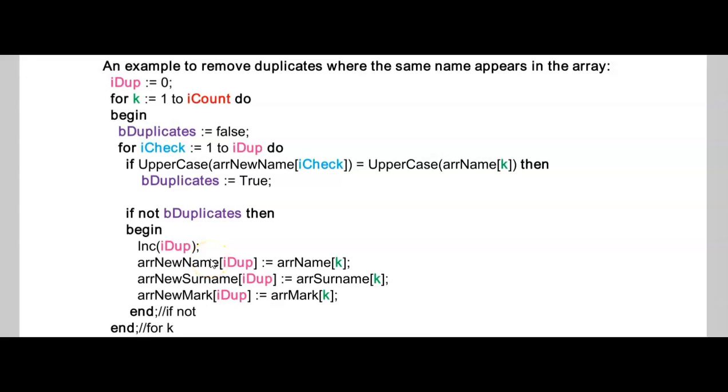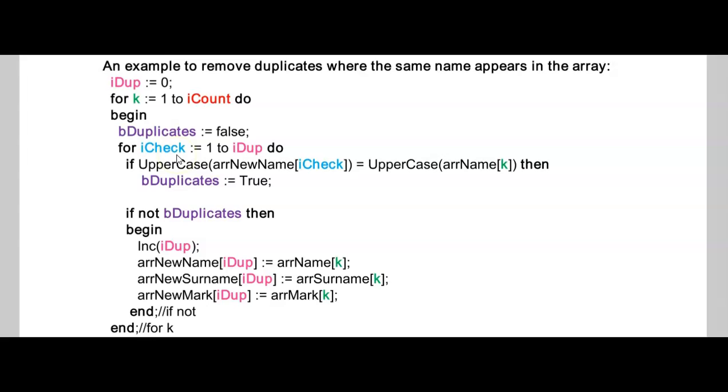Let's say I already have about 5 people in array new name without duplicates, and my k is now at 10. So let's pretend k is 10, bDuplicates is false, and now I'm looping with iCheck. iCheck is used for your new array without duplicates, and I'm looping from 1 to 5.